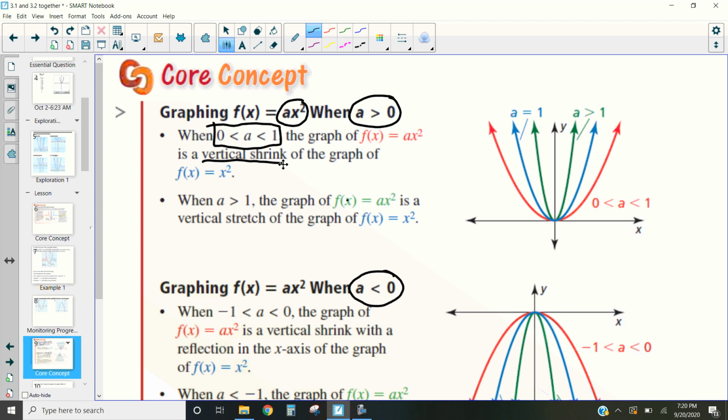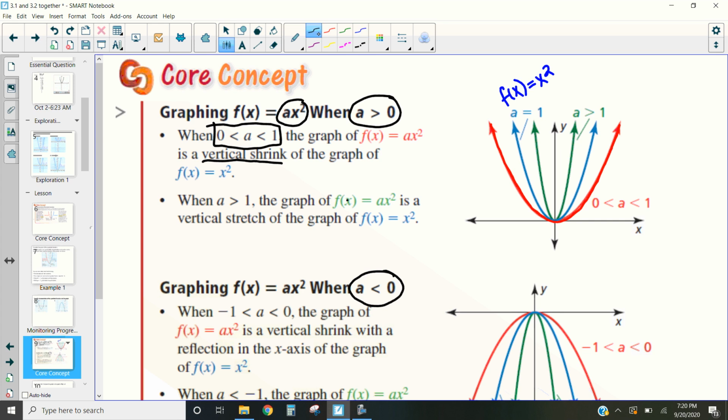If I have a rubber band and I'm holding it between two fingers and I take the top of it and shrink it down towards my two fingers, notice how the function gets wider. That's what you can see happens here with this red function. Our blue one is our parent function, f of x equals x squared. Now that red function is what happens when a is a fraction. It's going to get wider. We have that vertical shrink happening.